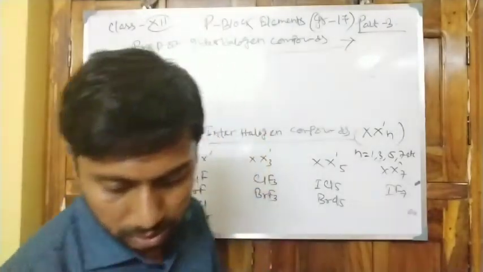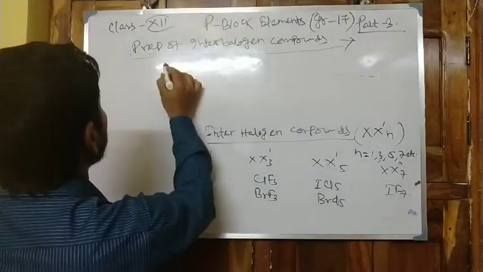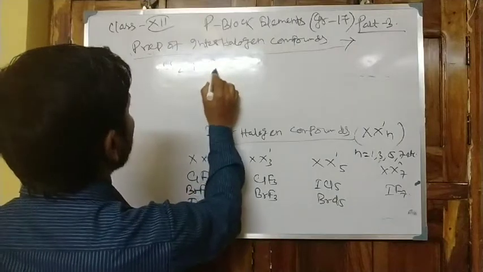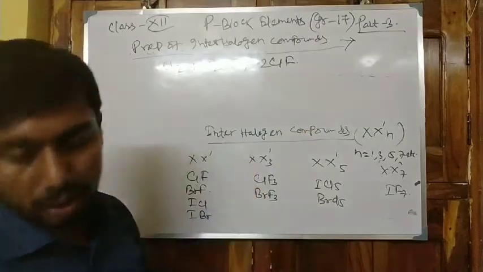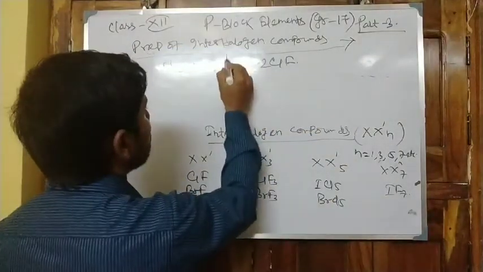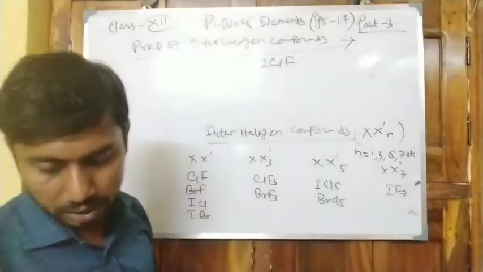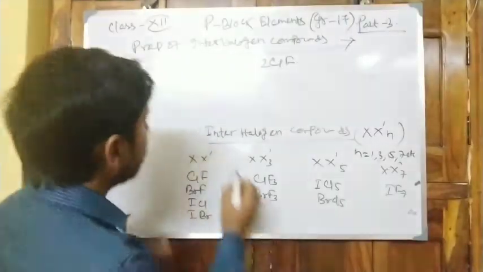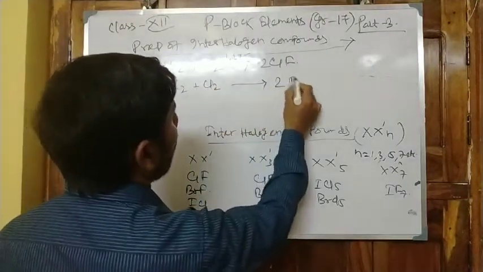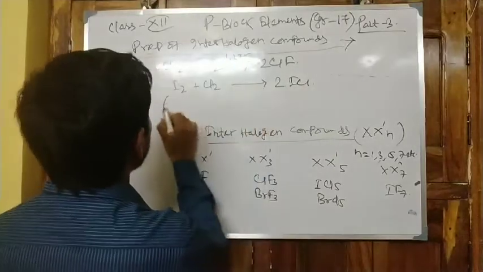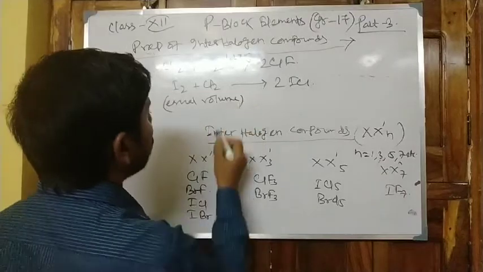First, Cl2 plus F2 forming 2ClF, where the condition is a temperature of 437 K. Another one is I2 plus Cl2 forming 2ICl, in equal volumes of I2 and Cl2.